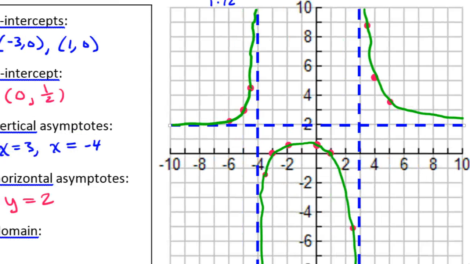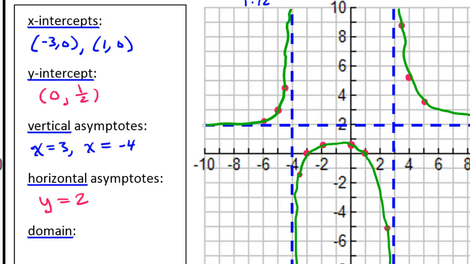Okay, so now as we do the domain, looking from left to right, the domain is the x values. All the x values are covered except for the vertical asymptotes. So the domain is going to go from negative infinity to -4, because it has to jump over that asymptote. And we'll pick up on the other side of the asymptote again at -4.